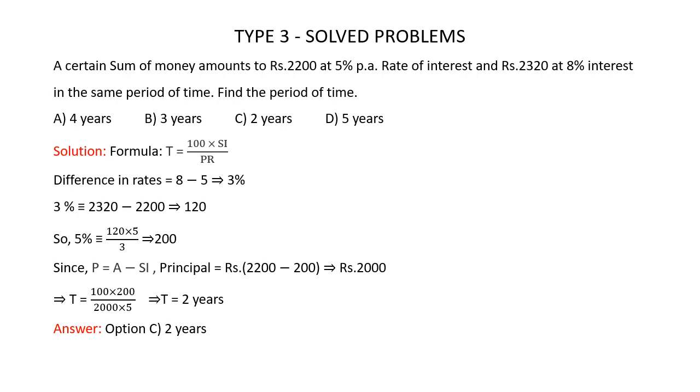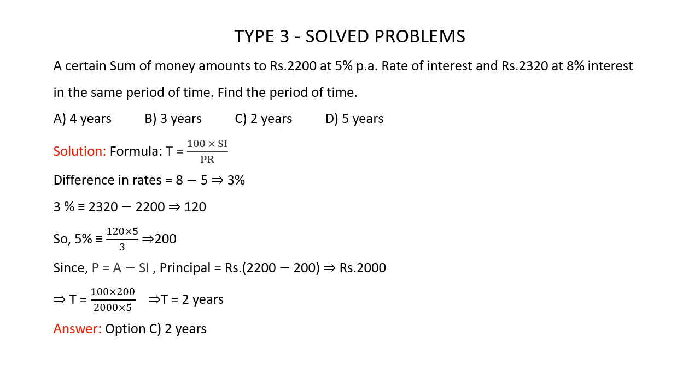Now since this is a case of simple interest, it means that the principal is the same for both the cases. So the difference in the amount has to be because of the difference in the interest. Now the interest is different in both these cases because the rate of interest is different in both the cases.